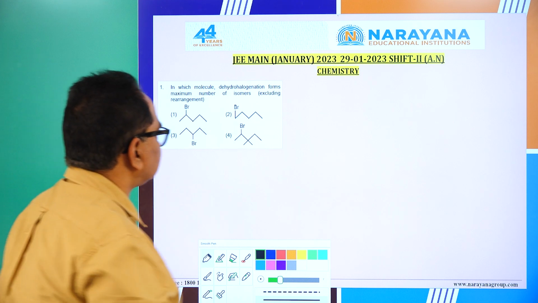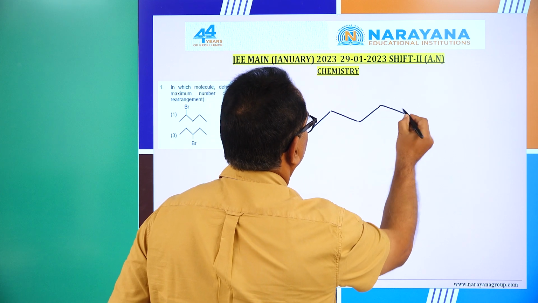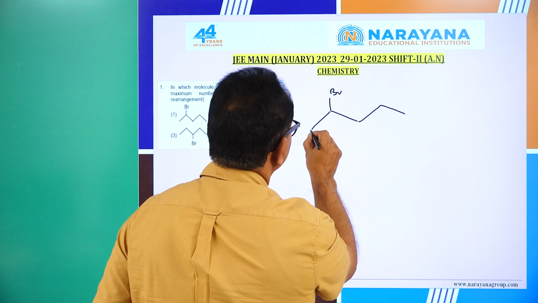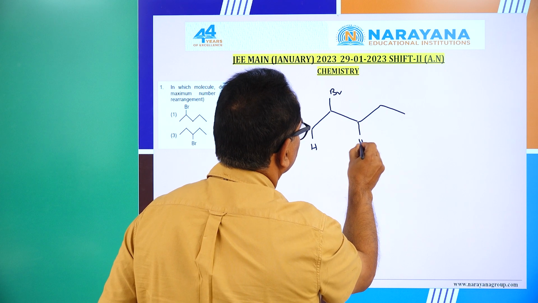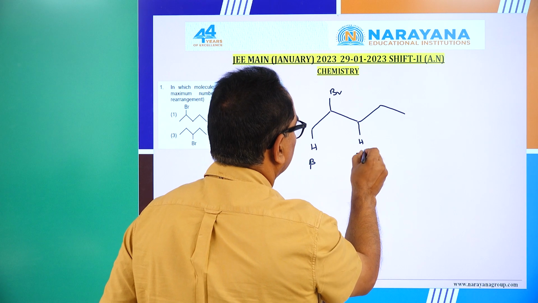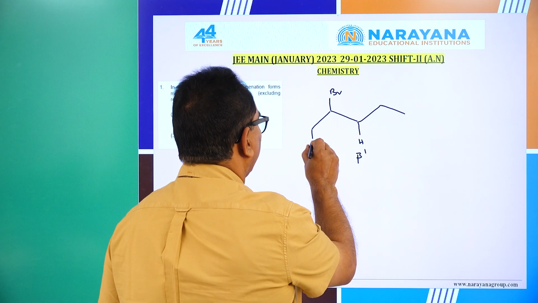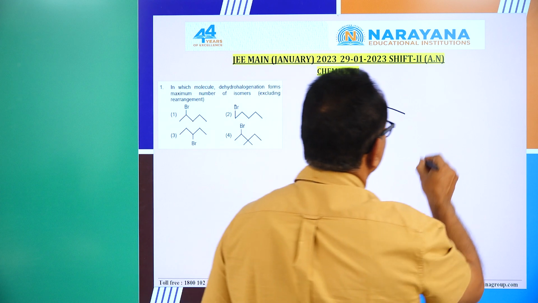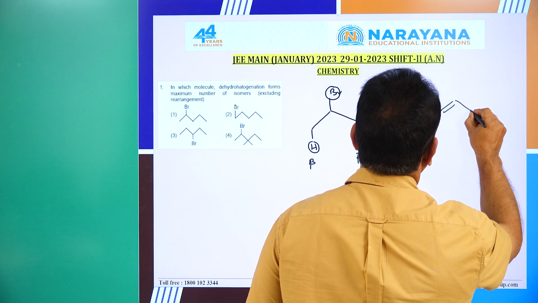Suppose I take the first option. In the first option there are two types of beta hydrogens. If I say this is beta and this is beta dash, when this beta hydrogen and this bromine are removed, we get a terminal alkene.